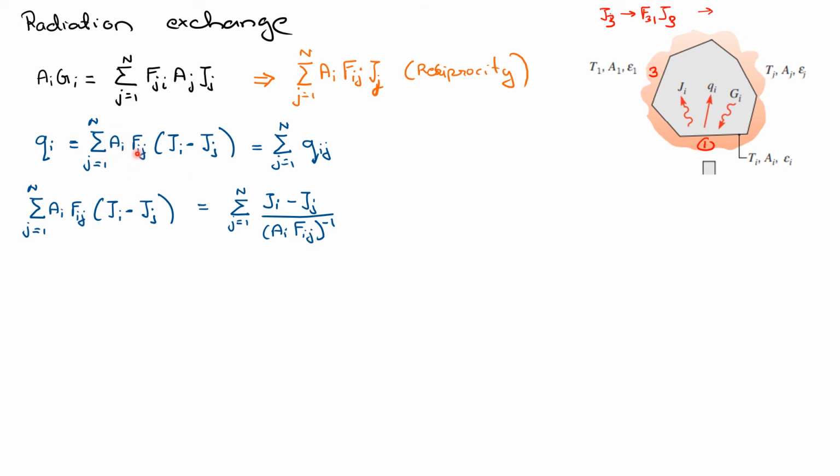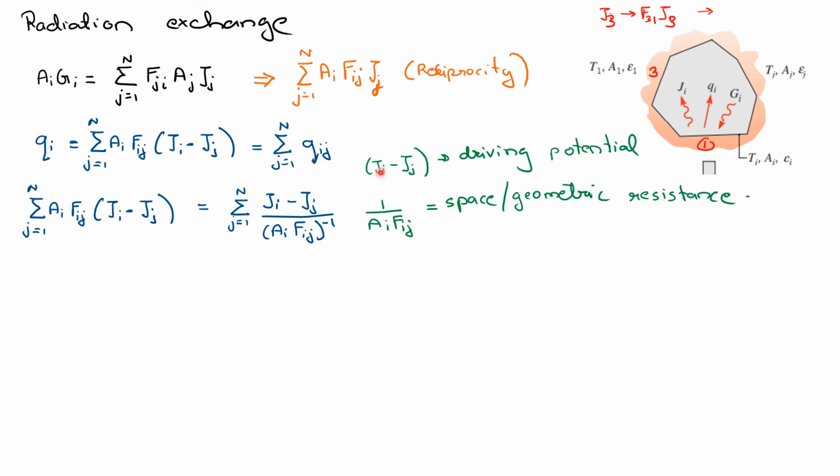I just took this term into the denominator and wrote it as 1 divided by Ai Fij. That's what the power of negative 1 means. Now the driving potential here is Ji minus Jj, and 1 divided by Ai Fij is called the space or geometric resistance.